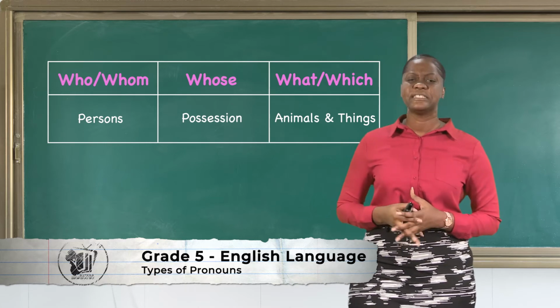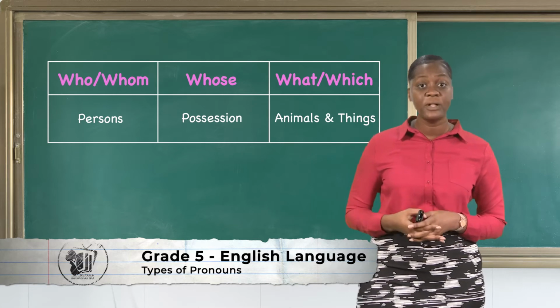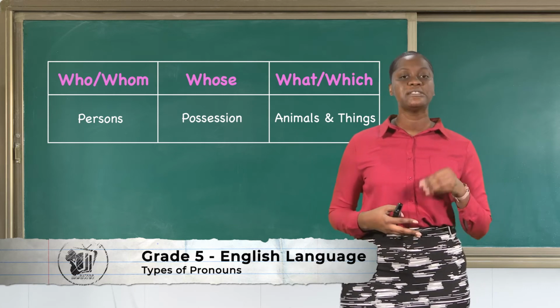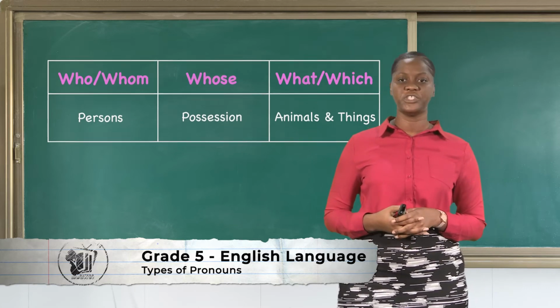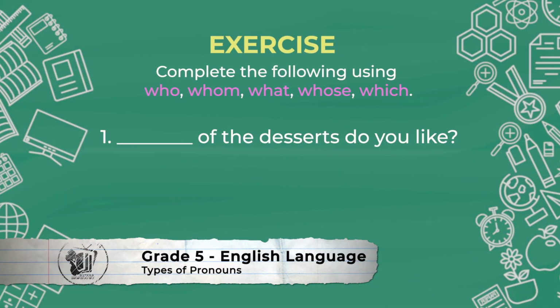So let's make an attempt at an exercise where we will put in a suitable interrogative pronoun to complete each of the questions. Number 1. Something of the desserts do you like? Let's take a minute to put in our correct answers.